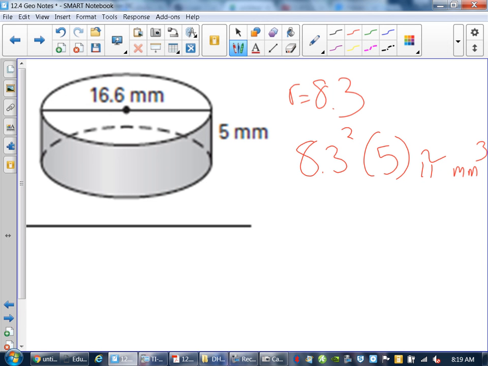All right. 1,082.12 cubic millimeters. Okay. Like I said, volumes really shouldn't take very long to do.